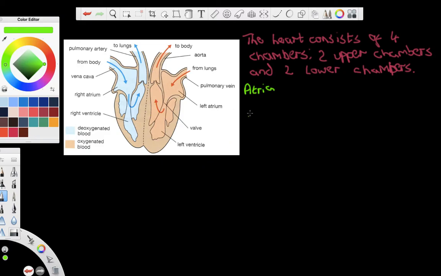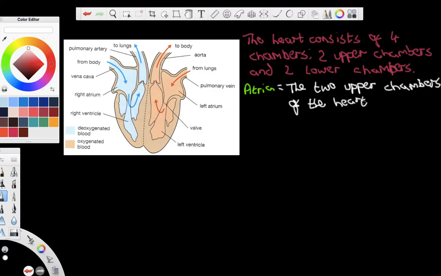2 atria. Now the atria are the upper chambers of the heart. So we can define these as the 2 upper chambers of the heart that receive blood from veins.